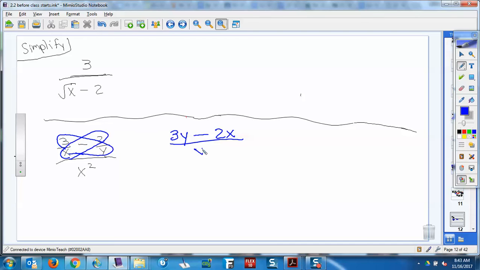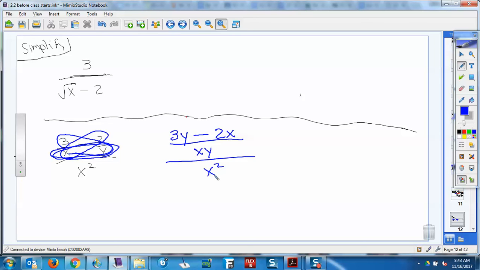All over x, y. All over those two multiplied together. So you bow tie, you cross multiply here, so y times 3, x times 2, and then all over the bottom ones multiplied together. Okay, now we've turned that into a single fraction, and then it's all over x squared.